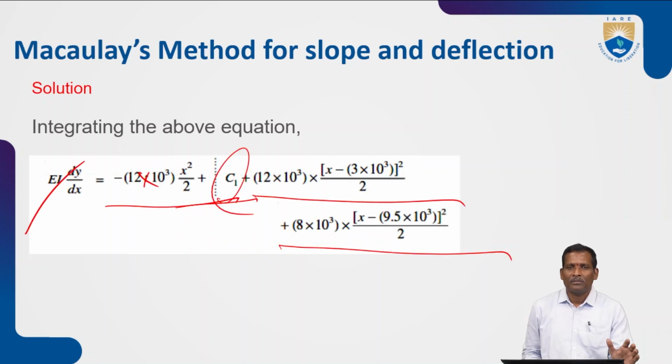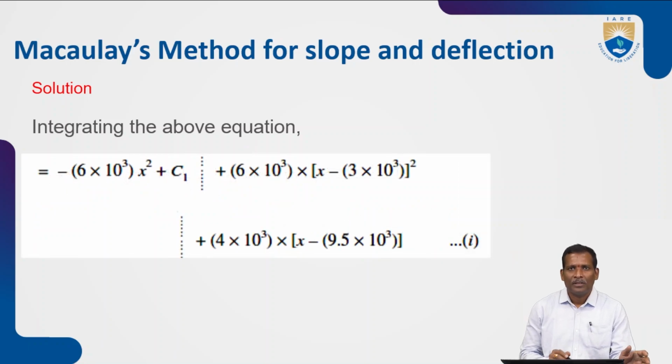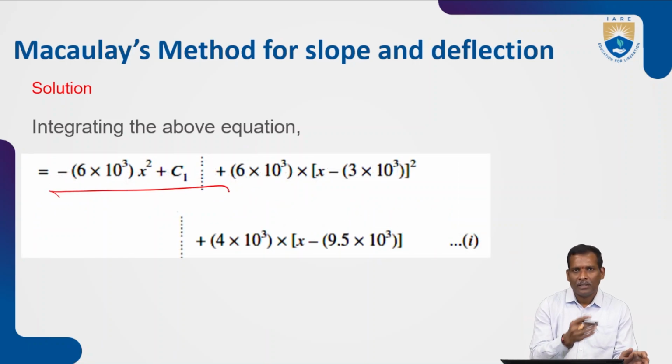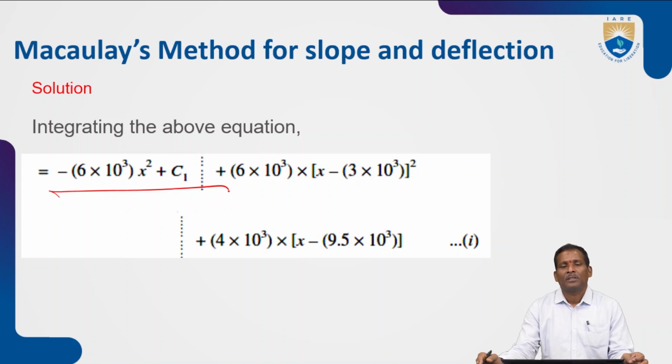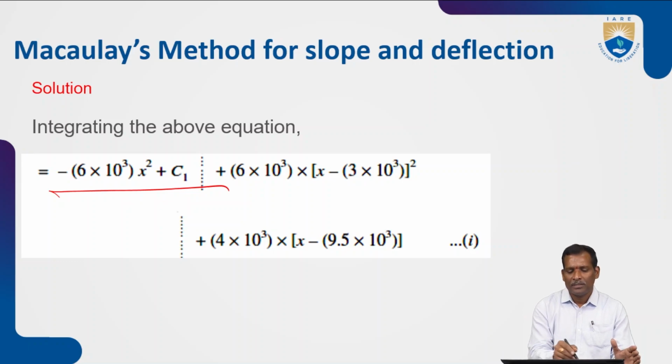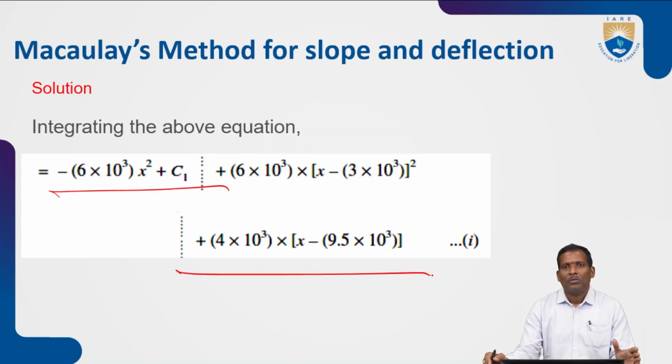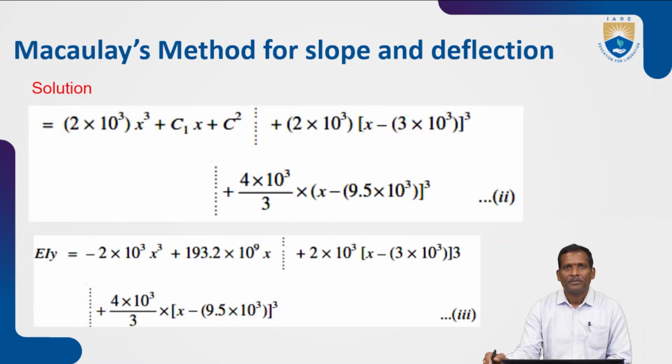After simplification, you can see the final value: 6 into 10 cube into x square plus C1. Similarly, 6 into 10 cube into x minus 3 into 10 cube whole square, plus 4 into 10 cube into x minus 9.5 into 10 cube whole square. So this is the first equation.